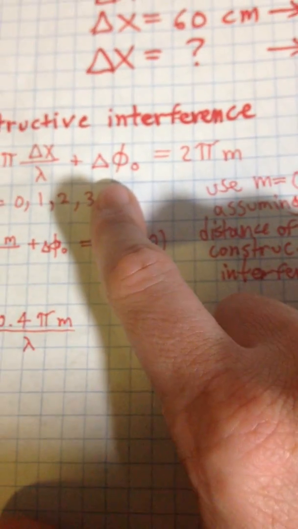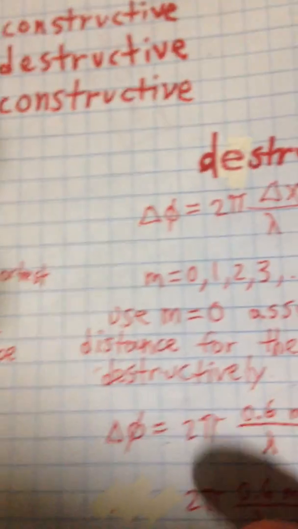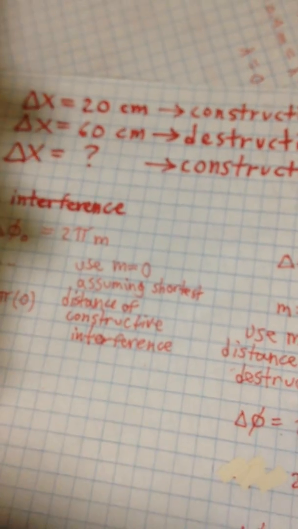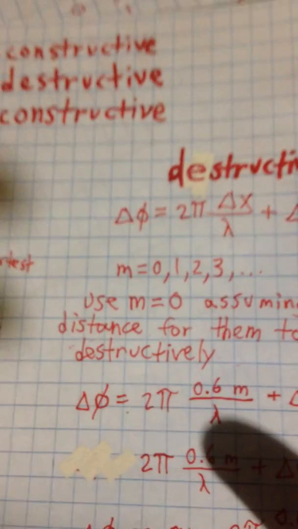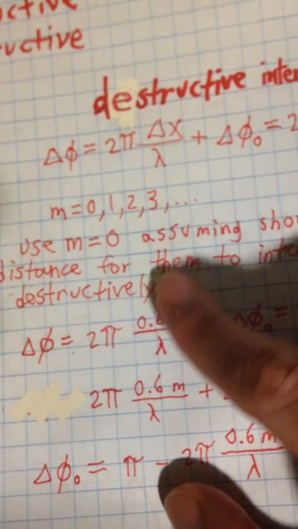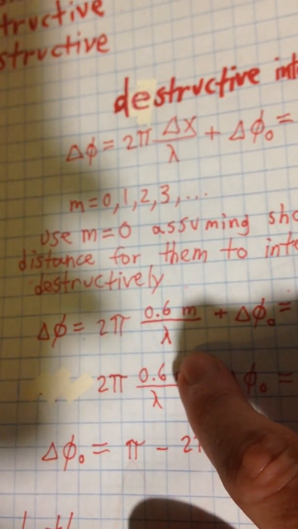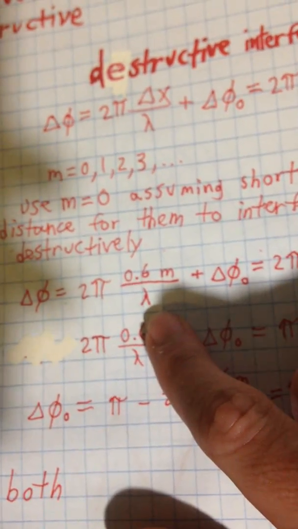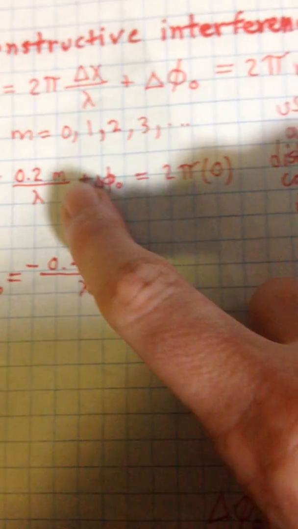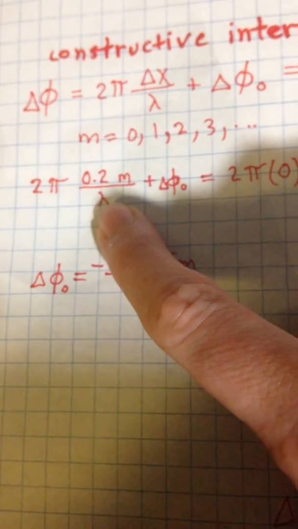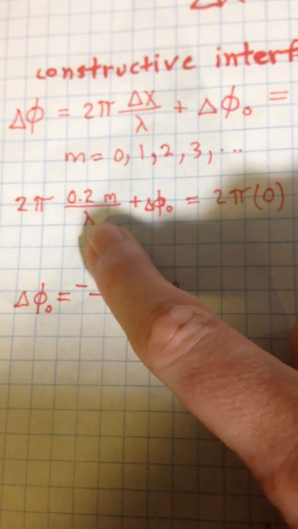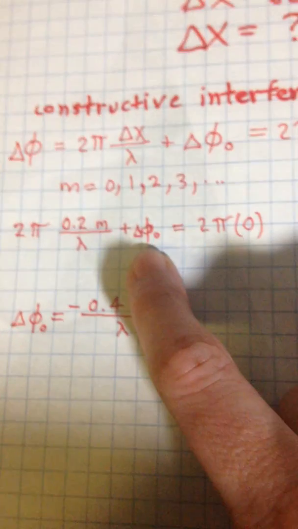And we can use the other condition. They have destructive interference at 60 centimeters, and so we can convert that to meters, 0.6 meters. And so we have this equation with the 0.2 meters, which is 20 centimeters, put into one equation, the only unknown here.